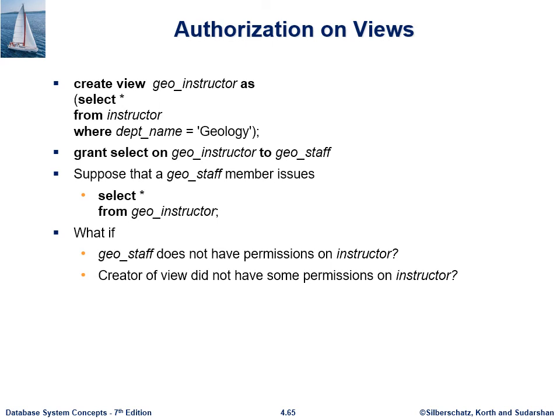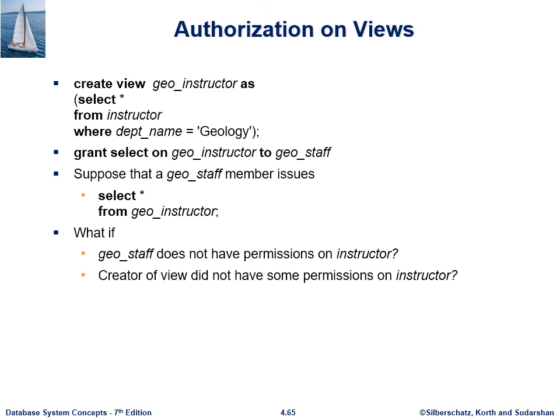But let's look at what will happen if we have the following two questions. In fact, when we create a view, it is just like a macro, as we mentioned before. So when we perform the operations, we need to replace the view name by its definition.